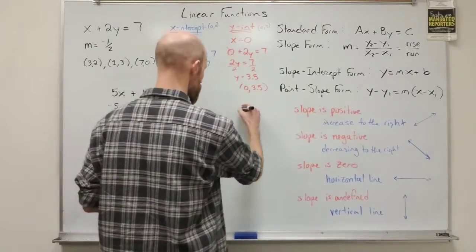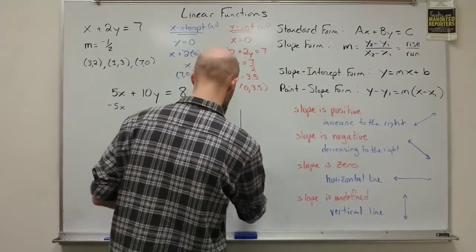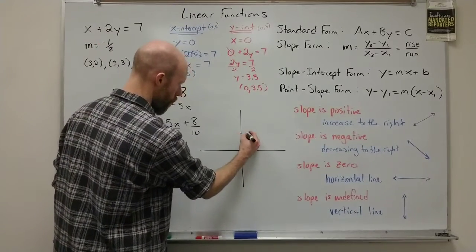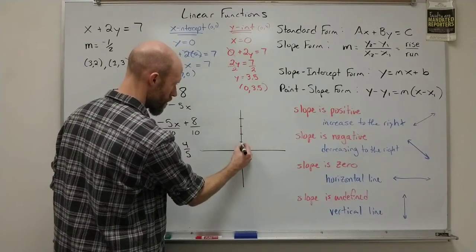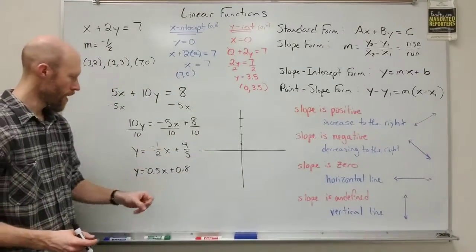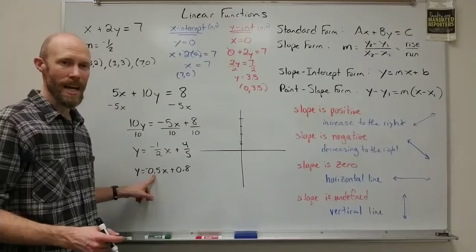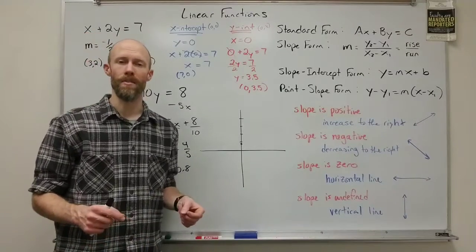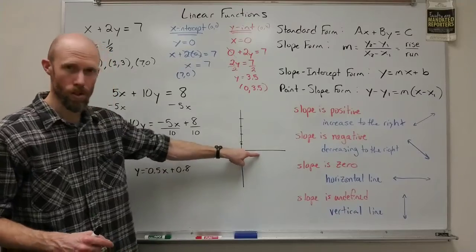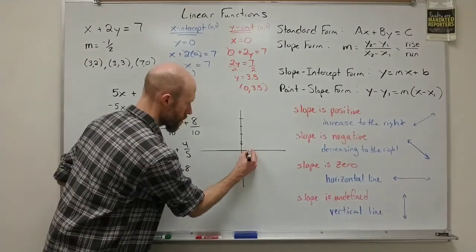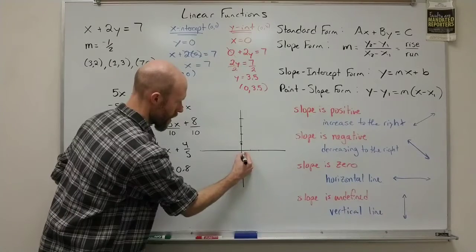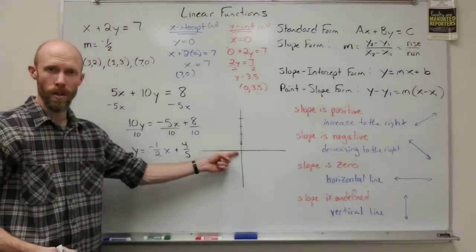So if I was to plot this graph, I would start at 0.8, which is the y-intercept, right? 0.8 is a little bit below 1, and then my slope is negative 1/2, negative 0.5. So negative 1 over 2 means if I drop 1, I have to run 2. So if I drop 1 unit, that would put me at negative 0.2.